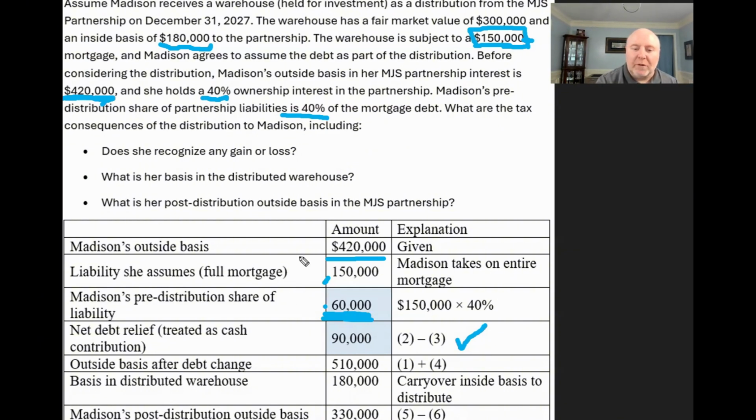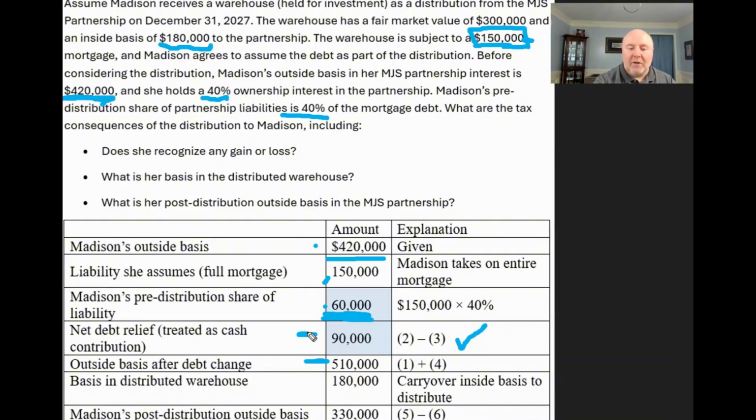Her basis was 420, and now she's taking on that $90,000. So 420 plus 90 is going to give us $510,000. Okay, so we have $510,000 because she's taken on additional liabilities of $90,000.